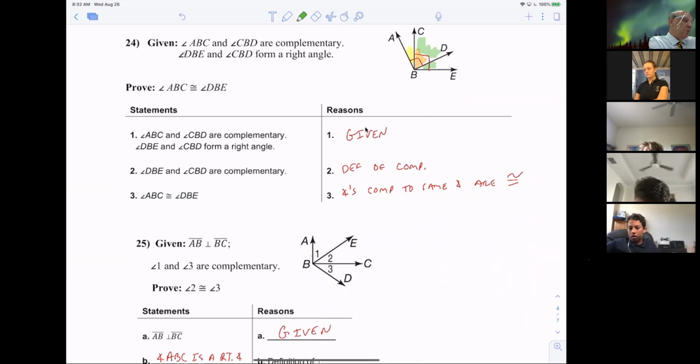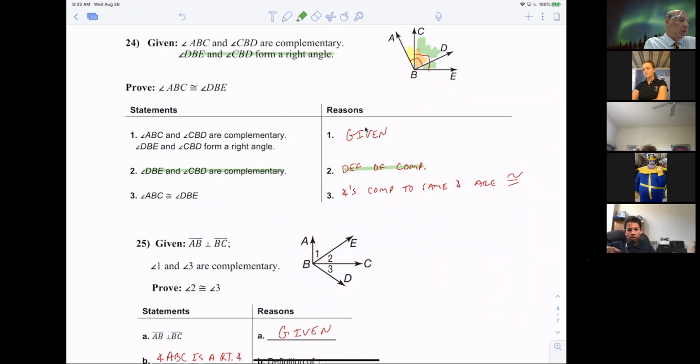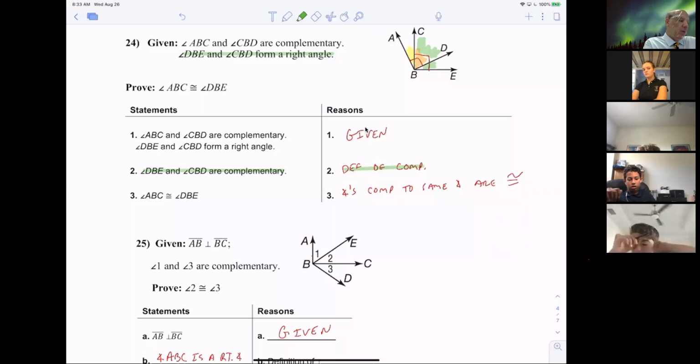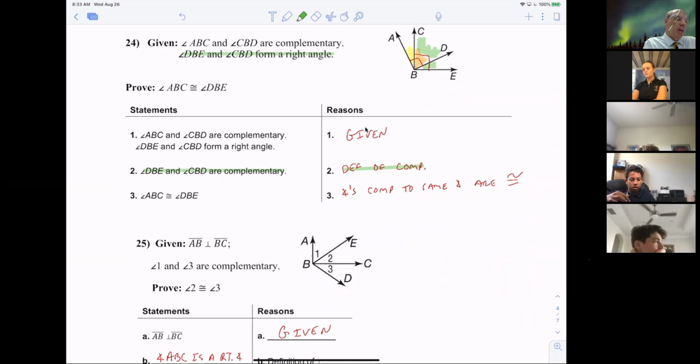Because it tells you that they're right angles, that means they are what? They're complementary. So now, why is ABC congruent to DBE? Angles that are complementary to the same angle, they are what? They are congruent. Angles complementary to the same angle are congruent.